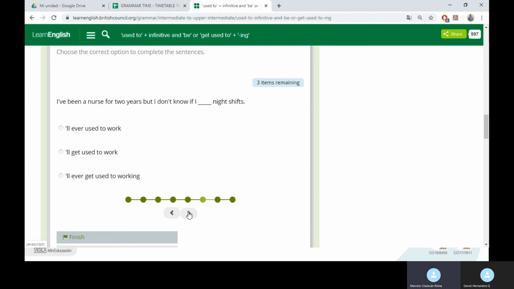The structure is future, will. Yes, it's future. So do you think we can use the first one in the future? I ever used to work. I get used to work. I ever get used to work.